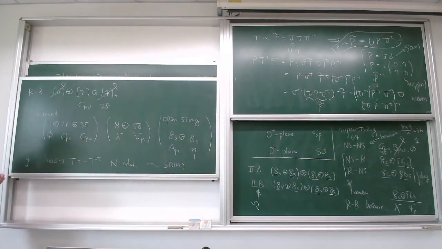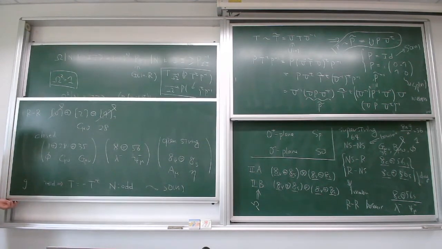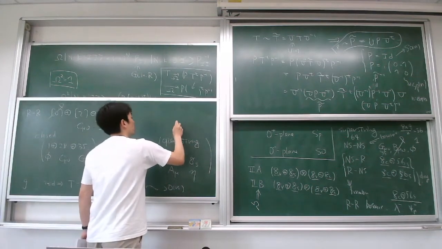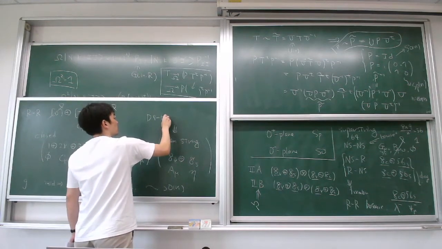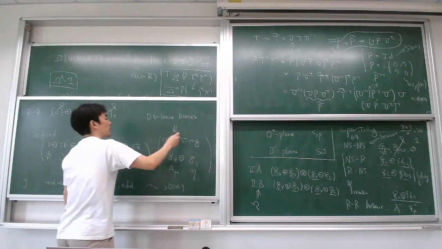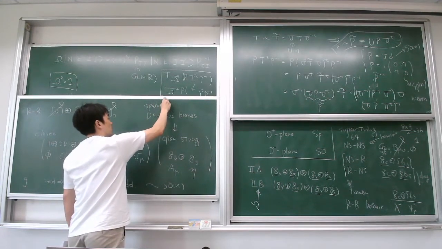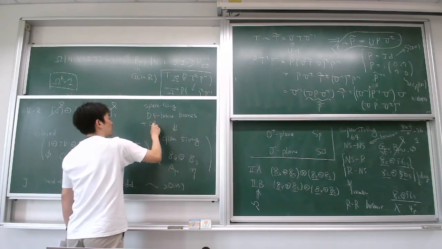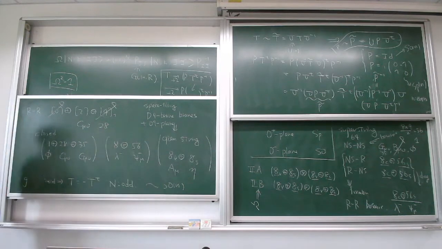So that's the spectrum for type 1 theory. However, in type 1 theory, we assume that the D9 brane exists, space filling, plus an O plane, one O9 plane.